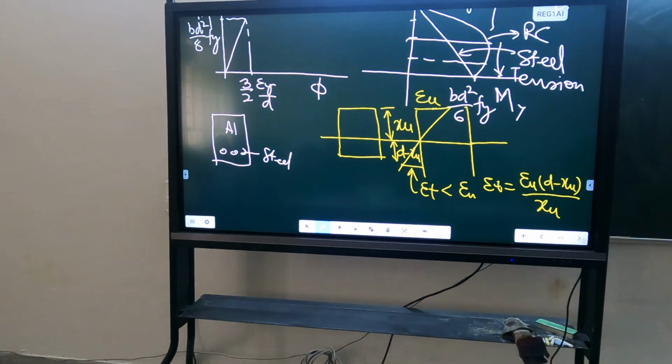If x is in between, then let us first assume, we already know that x is something like 230. It's not going to be 0.99 d under this axial force of 0.25 fck b d fy.